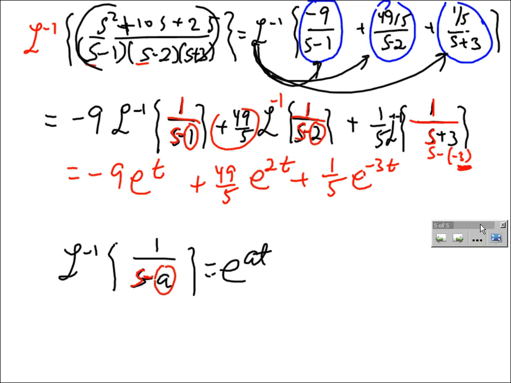Try another one. So relearn how to do partial fractions. Suppose you want to do this one.